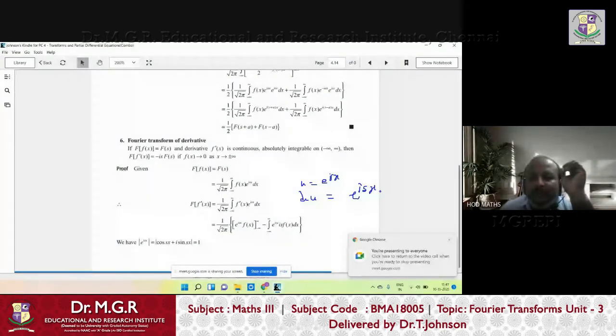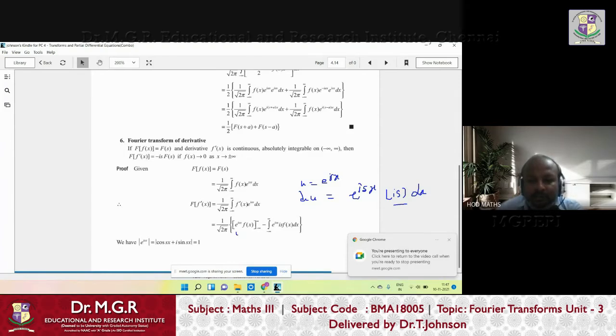Since you are differentiating with respect to x, is is a constant, so is will come out, and then dx will come. This is the formula: differentiation of e power ax is e power ax into a. That constant a is nothing but is here, so that is what we are putting.